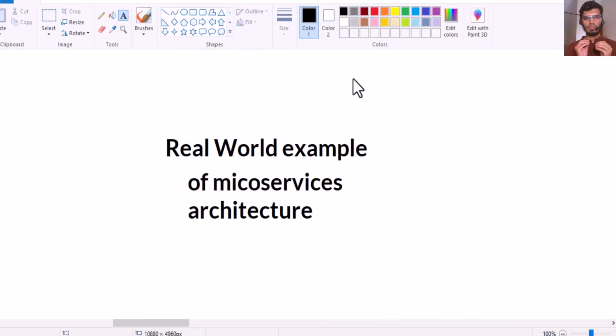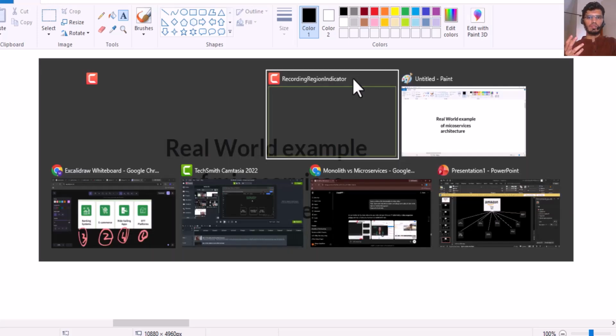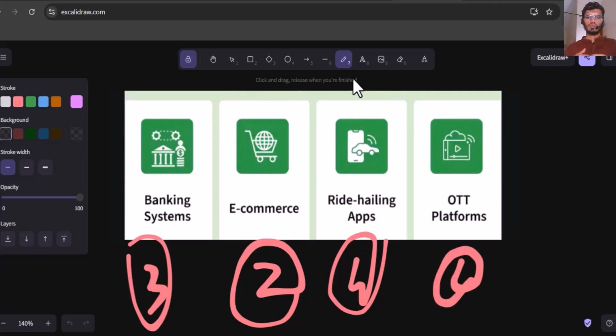Let's discuss the real world example of microservices architecture. See, microservices architecture is everywhere, from banking services to e-commerce platforms to Uber, or even the video you are watching on YouTube is also made on microservices architecture.